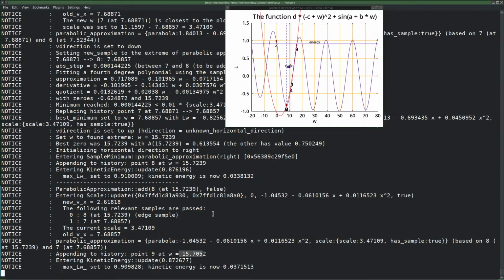That's kind of strange. 8 was at 15.72. So it did not go to the right. 0.9 is a tiny little bit to the left. Huh? How was that calculated then?